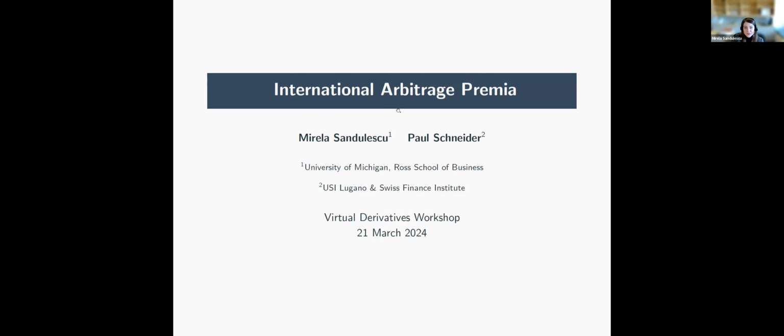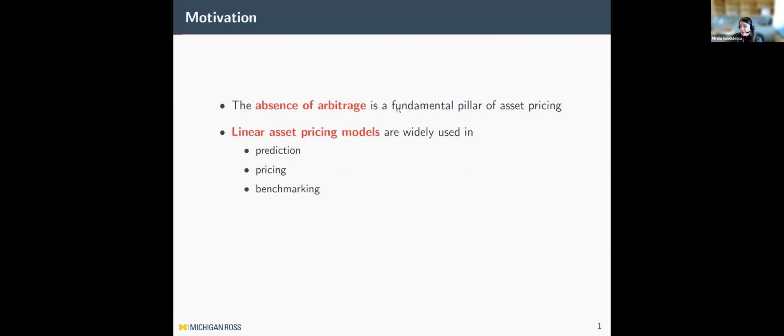All right, so what do we do in this paper? For the motivation, we are going to depart from two facts. The first one is that we know that the absence of arbitrage is a fundamental pillar of asset pricing. And second, we also know that linear asset pricing models are widely used, both in academia and in the industry, for things like prediction, pricing, and benchmarking.